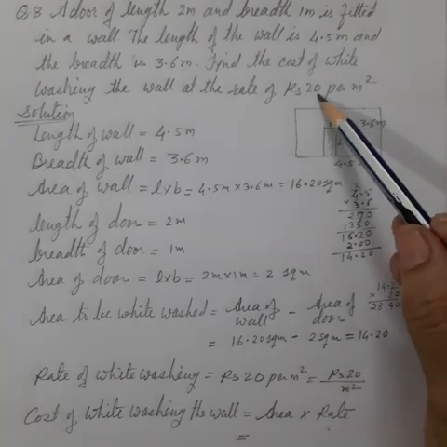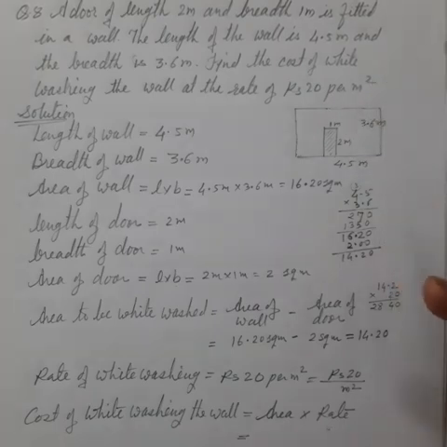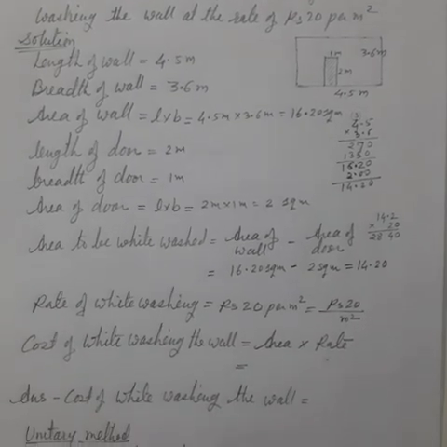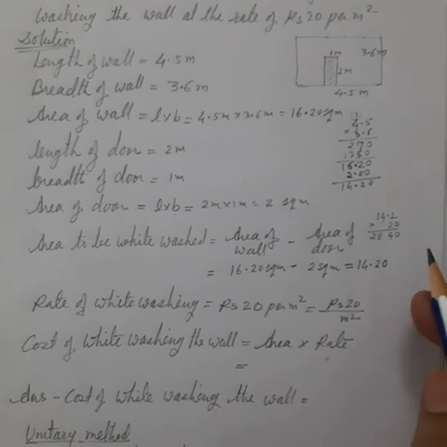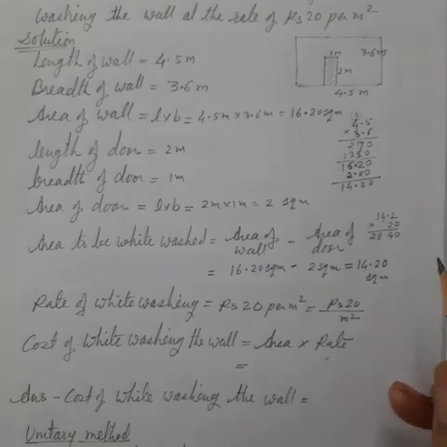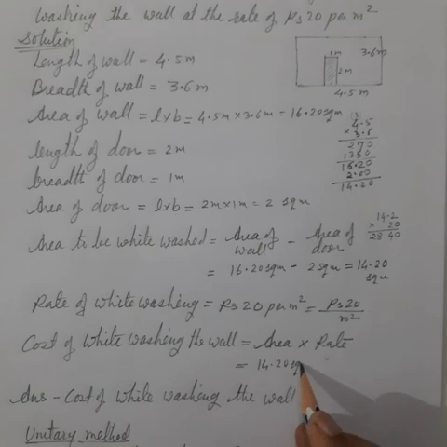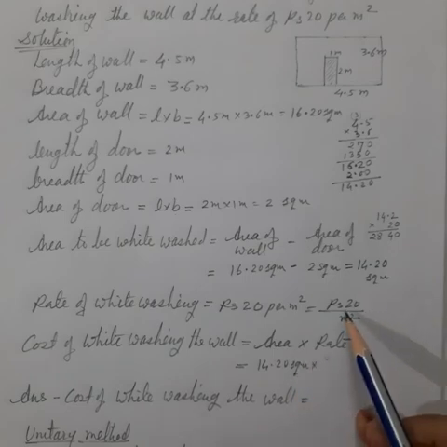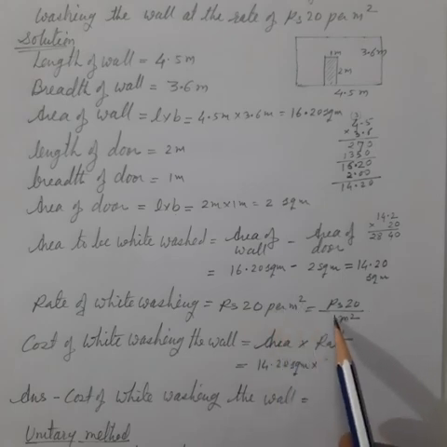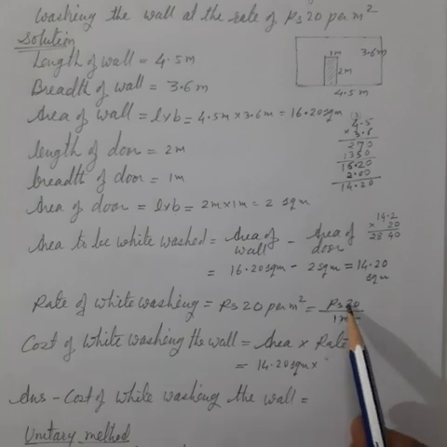Now the rate is given: rupees 20 per meter square. For 1 meter square, 20 rupees are required. So we have to find out the cost of whitewashing this area, 14.20 square meter. So multiply this area 14.20 square meter by the rate. Rate is what? Rupees 20 per meter square. Per meter square means it will come in the denominator. For 1 meter square, 20 rupees are required.